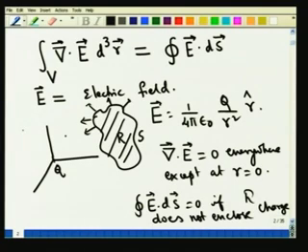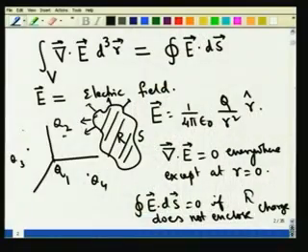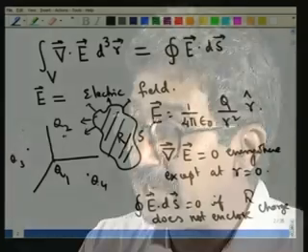Now, by the same token, if I were to take not just one charge but several charges. So, let me call this charge Q1. A charge Q2 is located here, a charge Q3 is located here, a charge Q4 is located here, let us say. Then all of them are in the region which is outside the designated region R. That is, this R does not enclose Q1, Q2, Q3, Q4 or for that matter any number of charges.